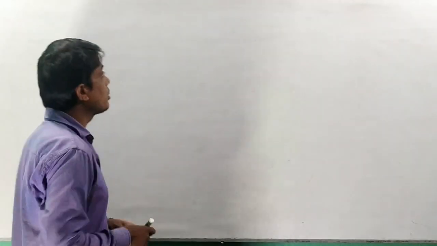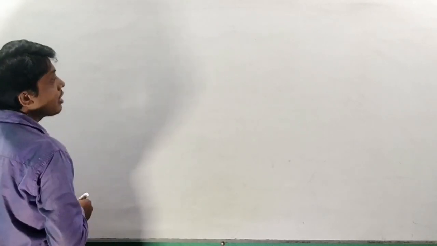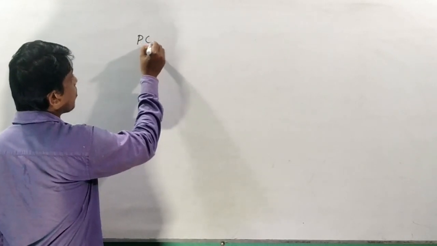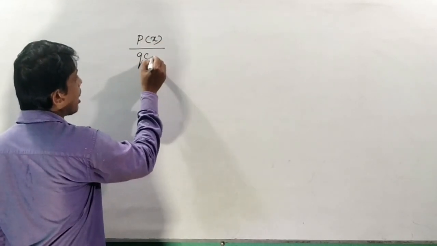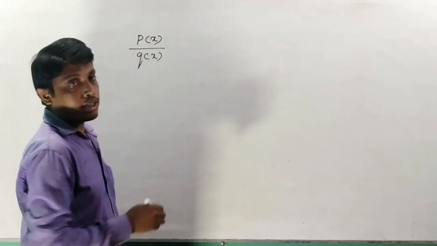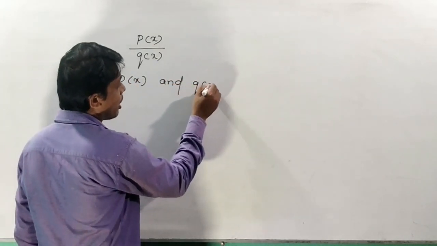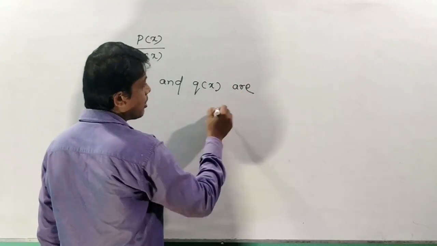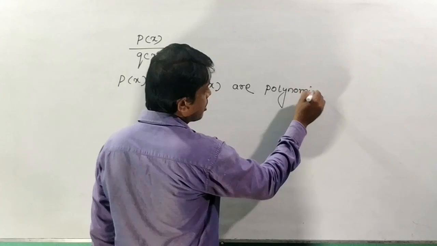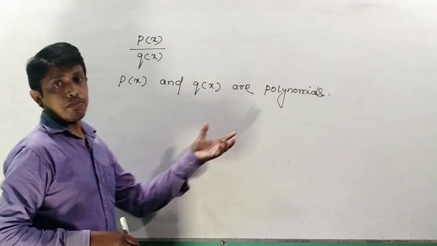Let us see a function which is known as the rational function. So what is a rational function? A rational function is in the form p of x by q of x, where p of x and q of x are polynomials, or algebraic expressions.